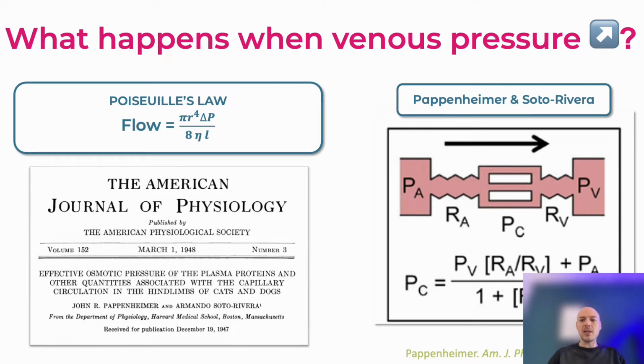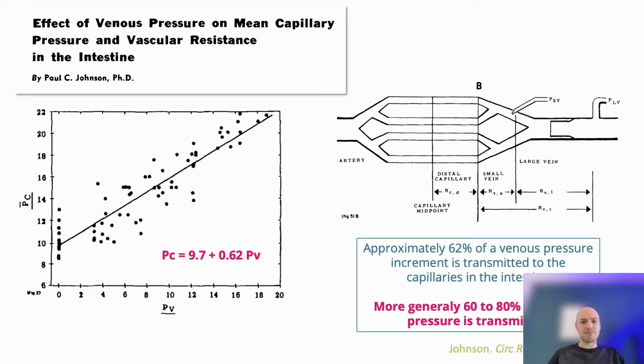Venous pressure is directly transmitted backward to the microcirculation, increasing the hydrostatic pressure in the capillaries. So yes, it contributes to the capillary hydrostatic pressure, but not in a 1-to-1 ratio.